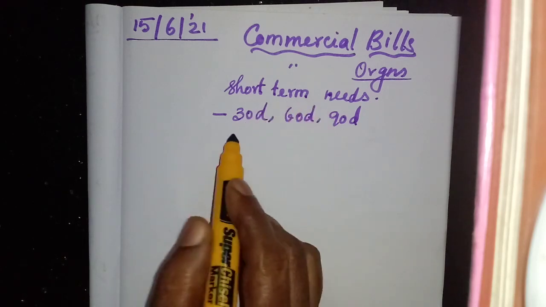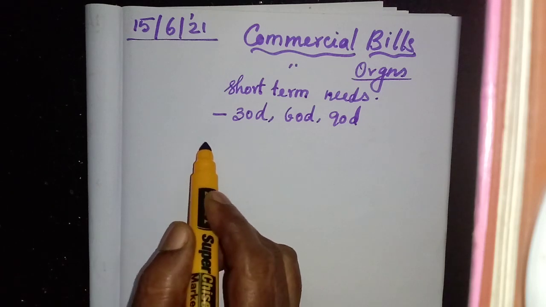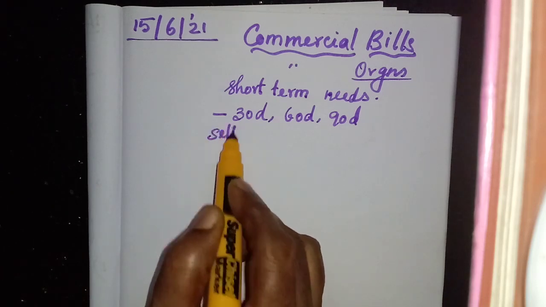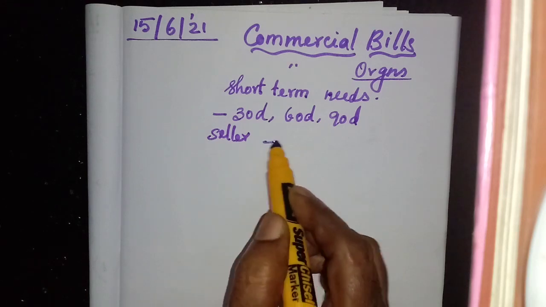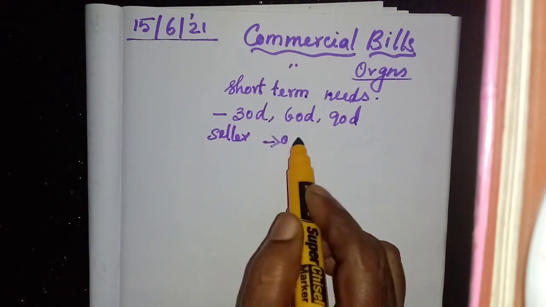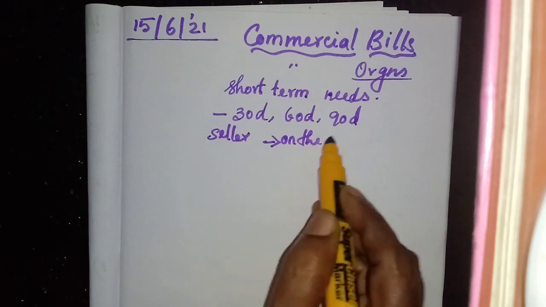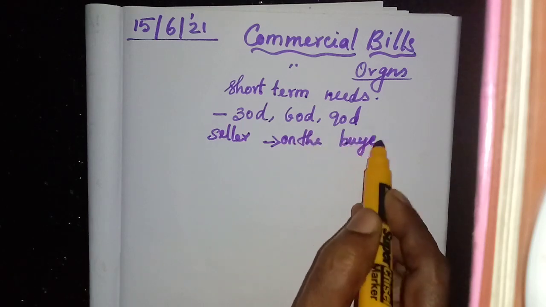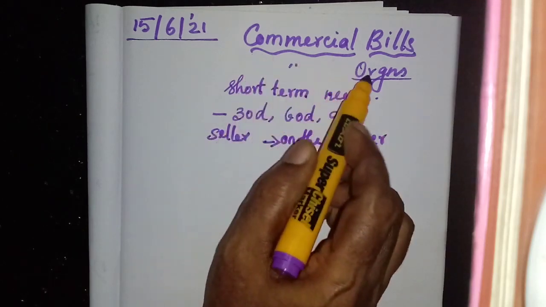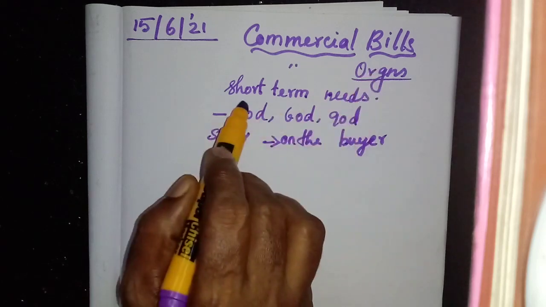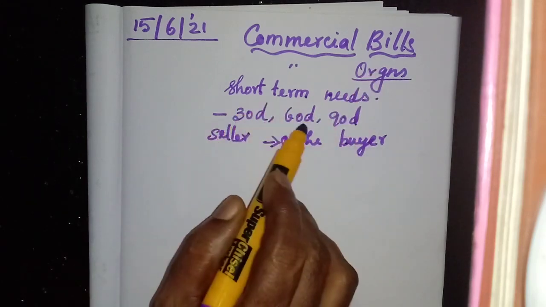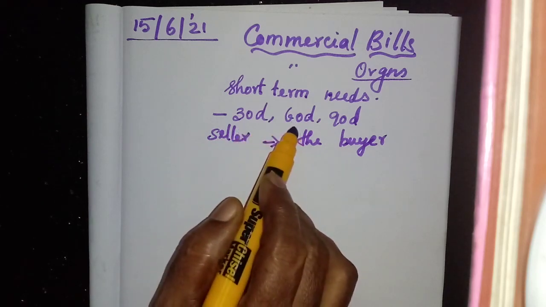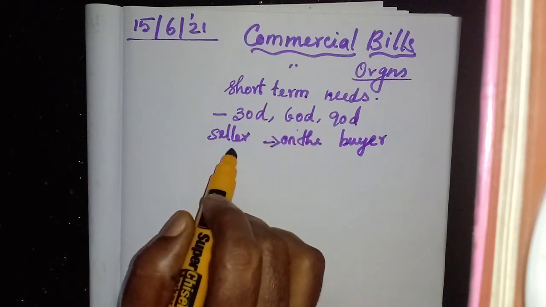Usually these commercial bills are issued by the seller on the buyer of goods. We have studied already, these bills are issued by a commercial organization in order to meet its short-term needs. It is of three kinds: 30 days bill, 60 days bill and 90 days bill.